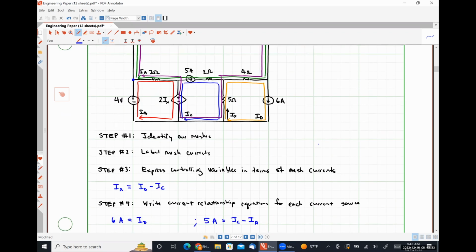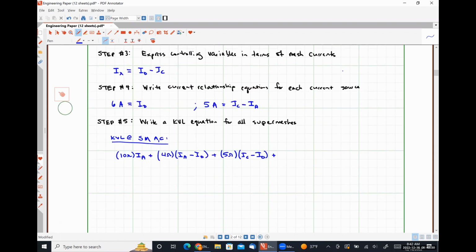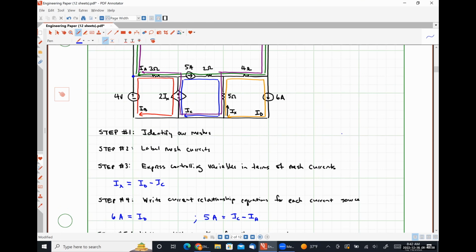What comes next? Minus 2 IX. And then our last term will be somebody other than John. 3 times (IA minus IB).